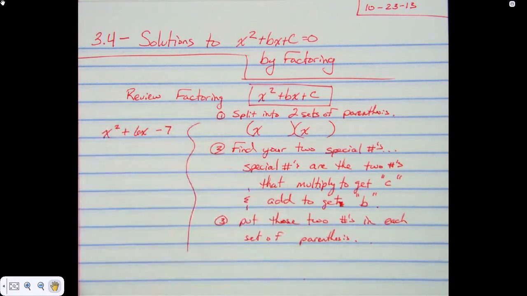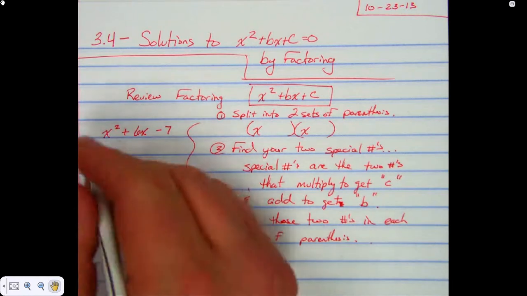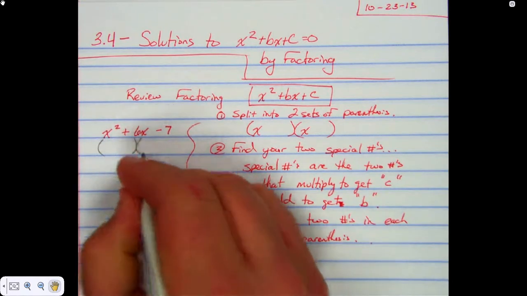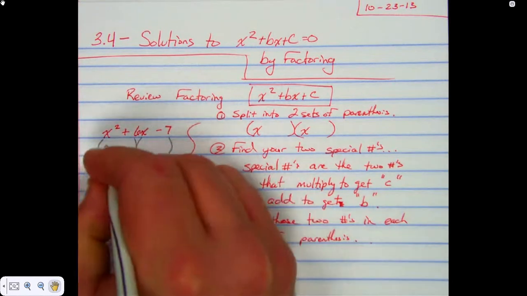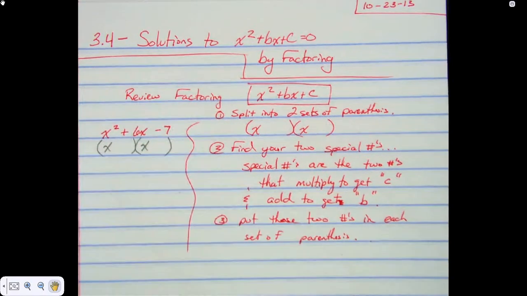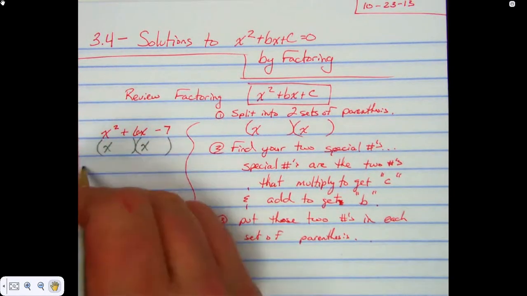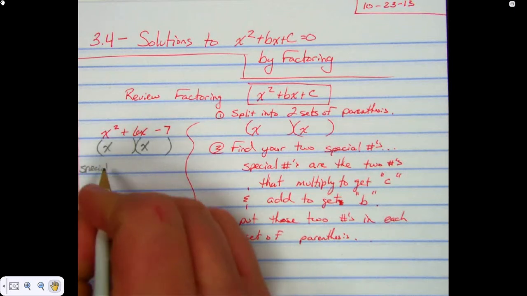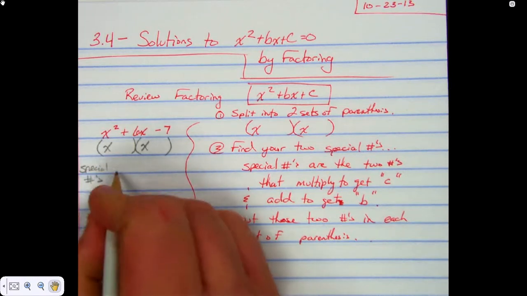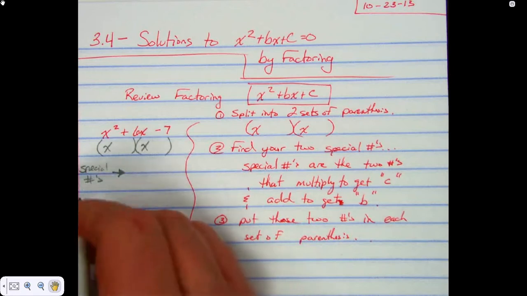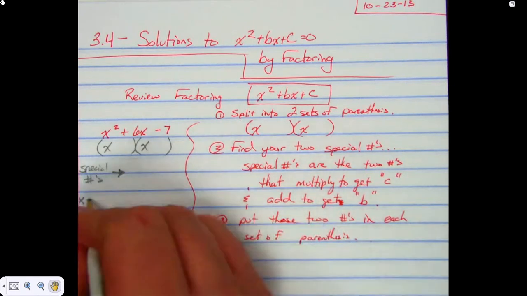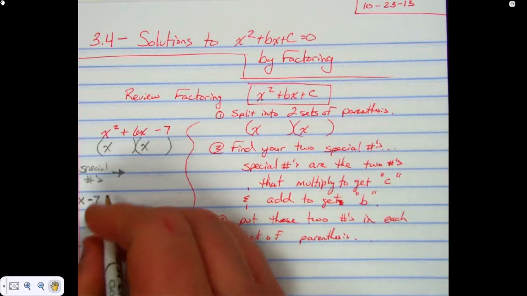What's the first thing I do? Two sets of parentheses. What do I put inside the parentheses? X. And what? X and x. Then I find my special numbers, right? I need two numbers that multiply to get what? -7.